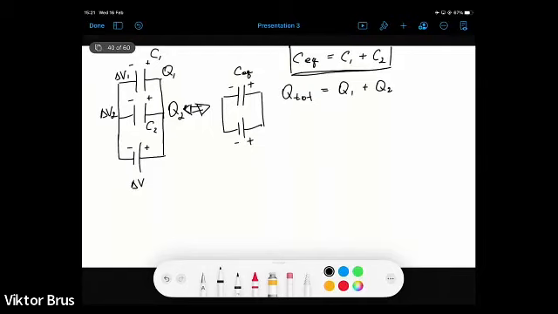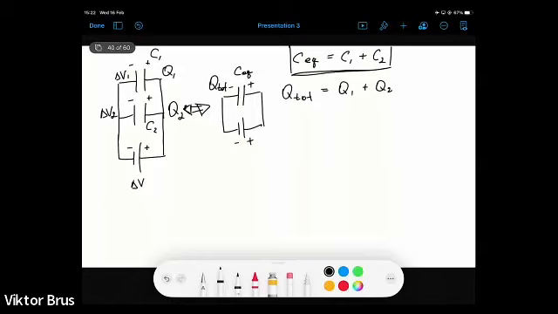Now, obviously, if we have some equivalent capacitor, this equivalent capacitor should accumulate this total charge in order to represent the battery on the left side of this image.